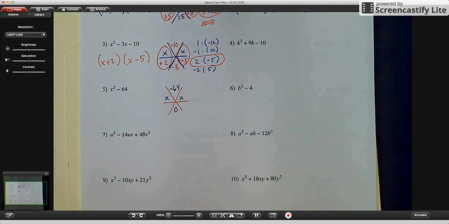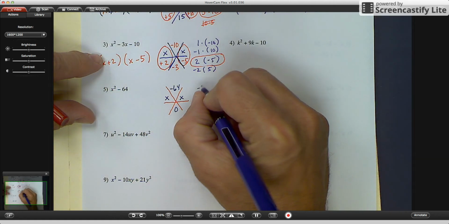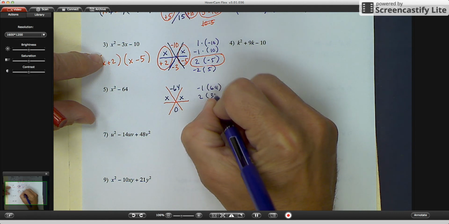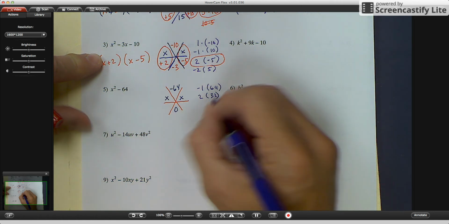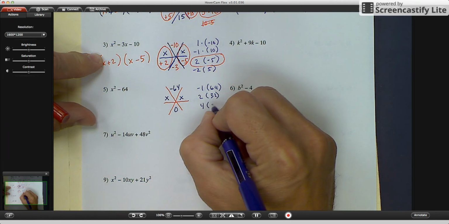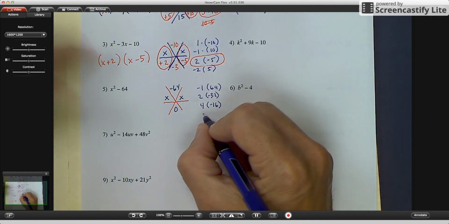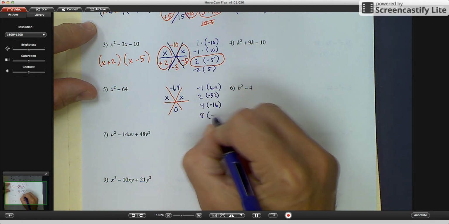So if we look through the factors of 64, it would be -1 times 64, 2 times 32, 3 times nothing, 4 times -16, 5 doesn't go into it, 6 doesn't go into it, 7 doesn't go into it, and then we have 8 times a -8.